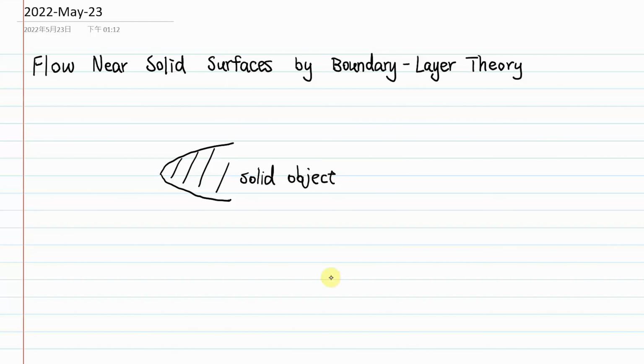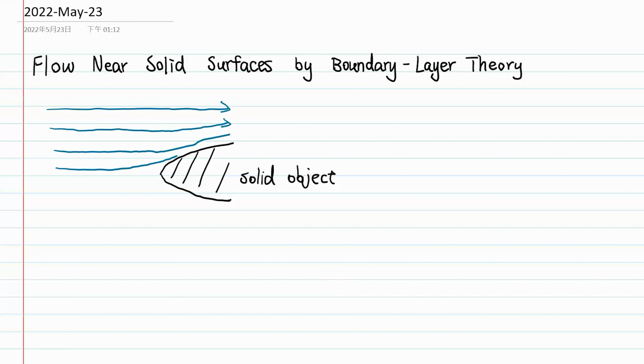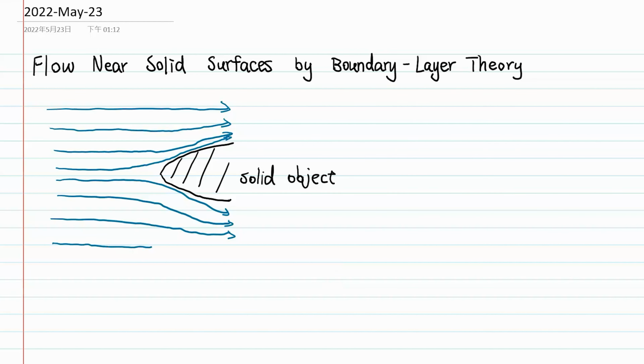So let's try and draw that. Let's say we have flow coming in. And actually, you can imagine that the streamlines of the flow would somehow go around that solid object like this. So the closer that flow initially was to the solid object, the path of that fluid gets kind of compressed.